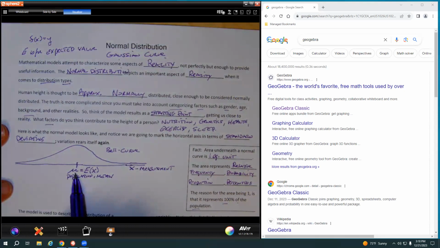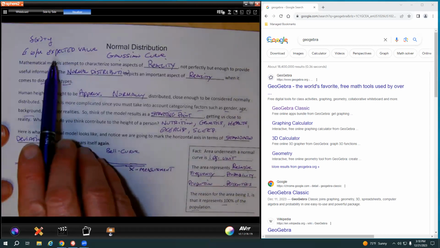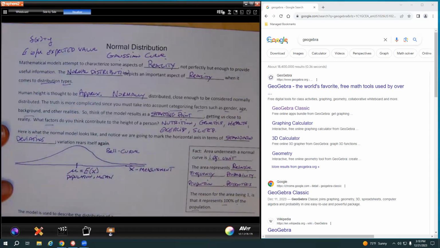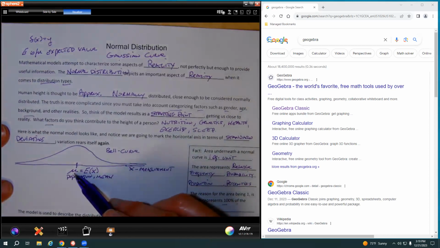Well, I would expect that child to be around 50 inches tall. Did I say 50 inches or 60 inches? I think 60 inches. So in other words, I quote the mean, and it's just a value you're expecting to get. It's not the one you're actually going to get, but it's a representative for all children.